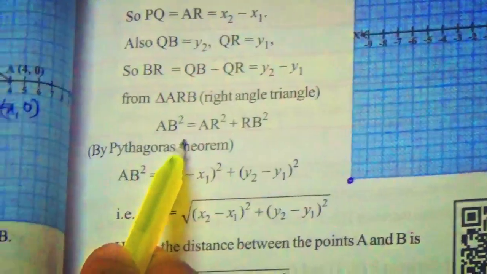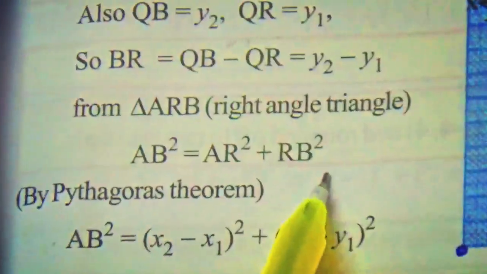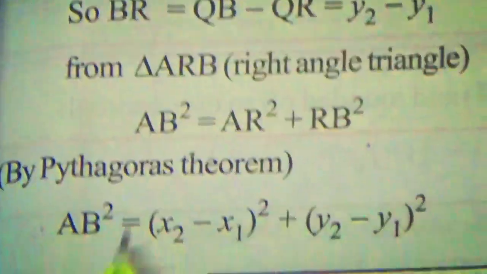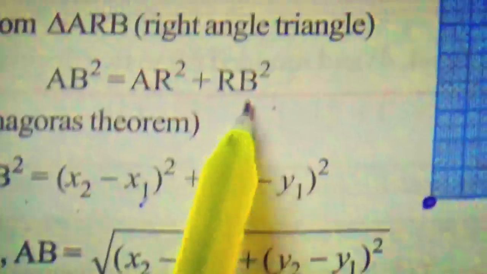So that is equal to, what is AR? x2 minus x1 whole square, plus, what is BR? y2 minus y1 whole square.